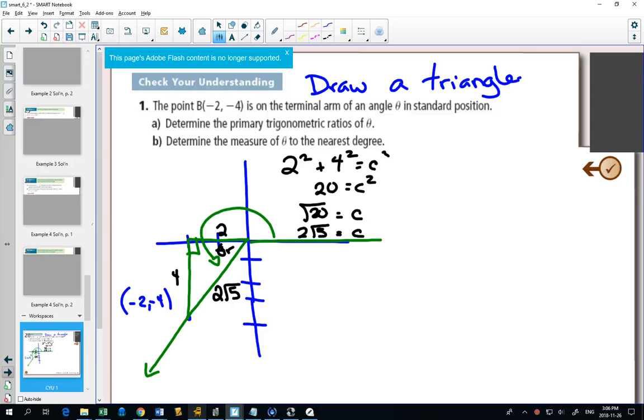In part A, it says, determine the primary trig ratios of theta. So they want you to figure out what is sine of theta, cos of theta, tan of theta. And this is where our reference angle comes in. When we look at our triangle with our reference angle, sine of our reference angle would be 4 over 2√5.